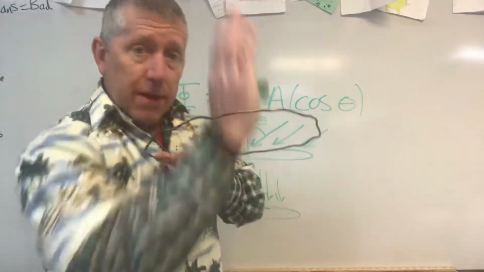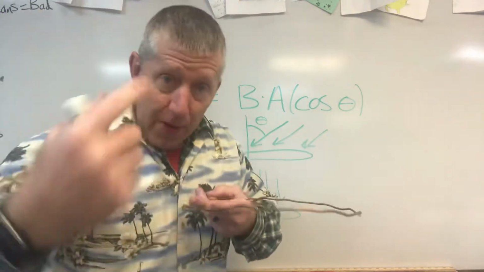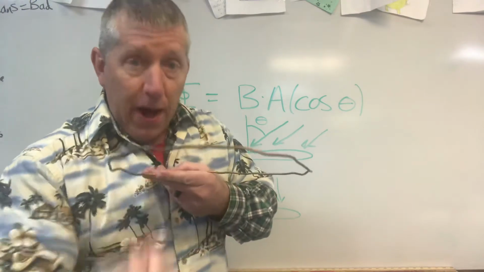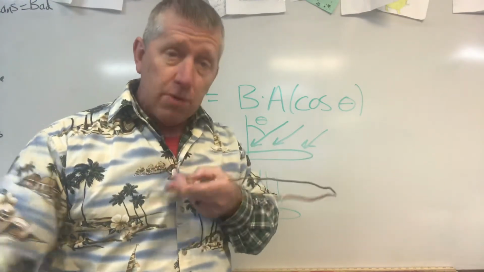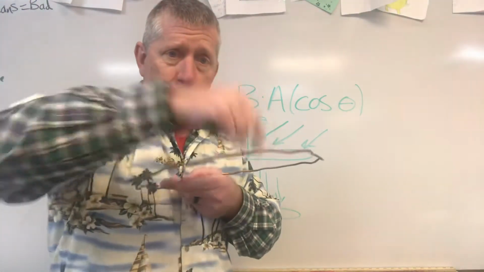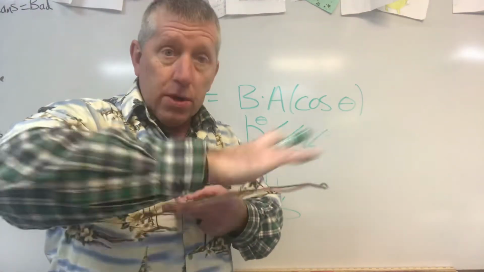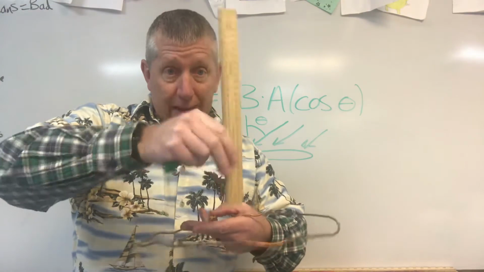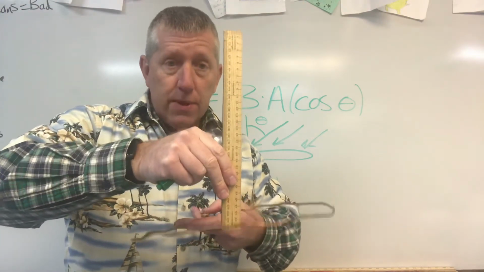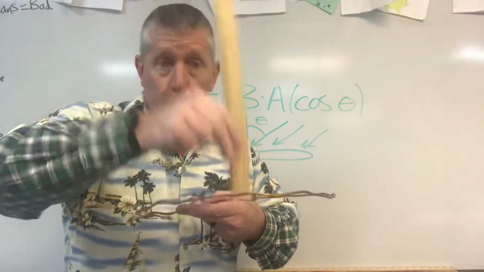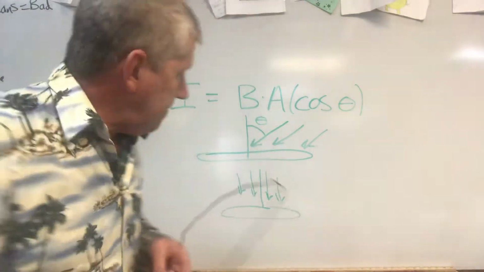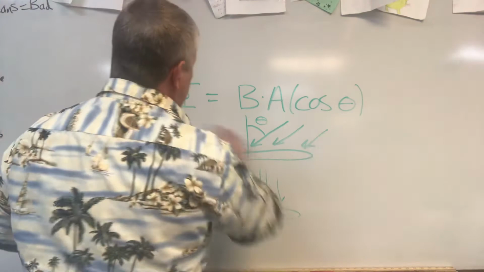Remember, flux is field lines in the area. You get the most flux when the field lines come in perpendicular to the plane of the wire, or parallel to my ruler in this case. The imaginary normal is the normal to the plane of the wire, and when you have that, you put a 1 in here and you get maximum flux.